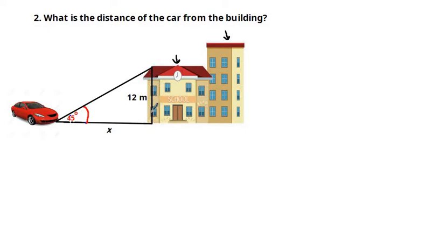So the height of the lower level of the school is 12 meters, right? This is not drawn to scale. 12 meters. And the angle of elevation from the car to the top of the school right here is 45 degrees. Right, so that's the angle of elevation, 45 degrees.